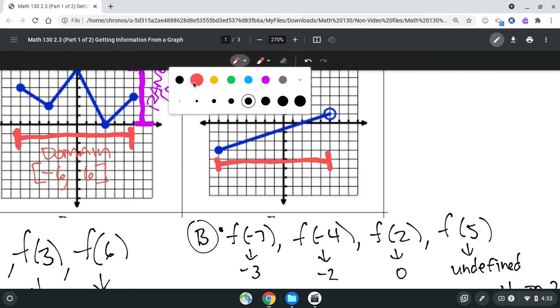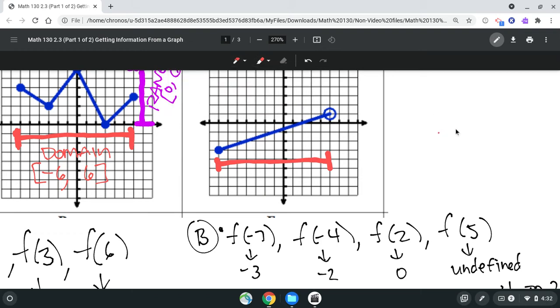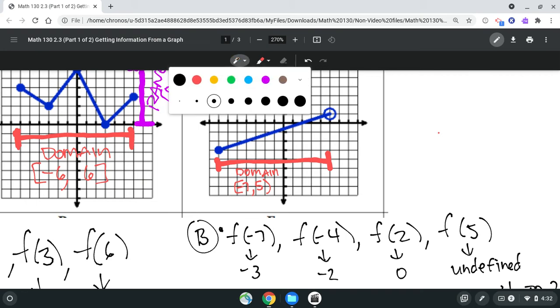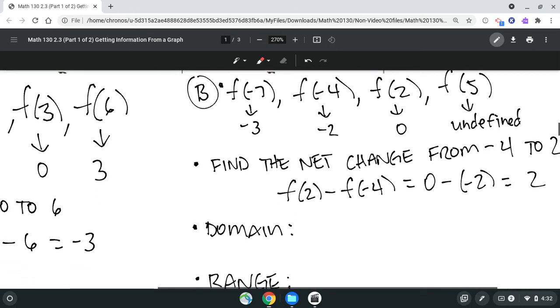Okay, so we see here that our domain, the x values that are being used, are going to be this one here, which is -7, bracket, -7, all the way to 5, except we're not going to include 5, so we're going to use parentheses. Okay, so let me write that down. Okay, domain is -7 to 5.